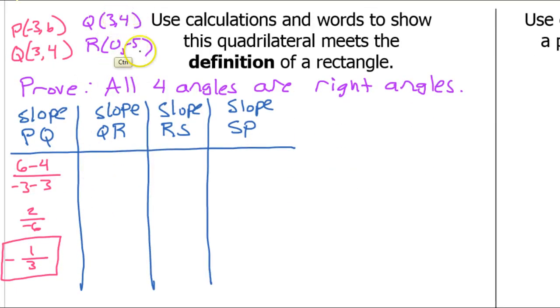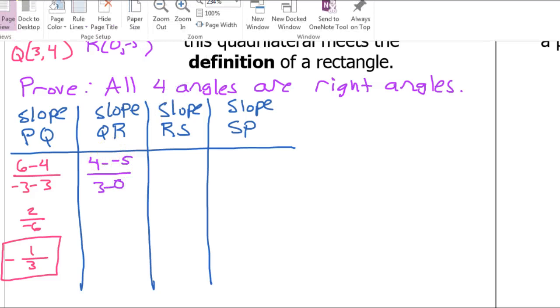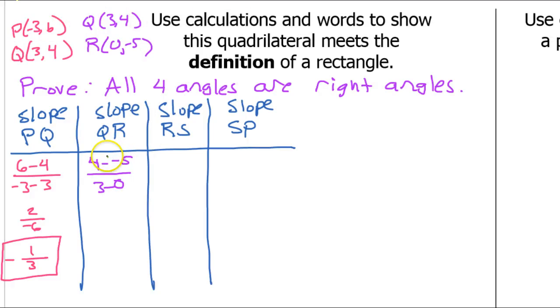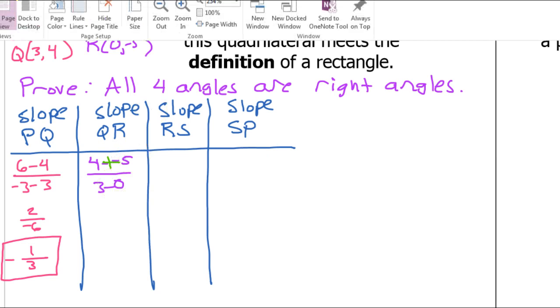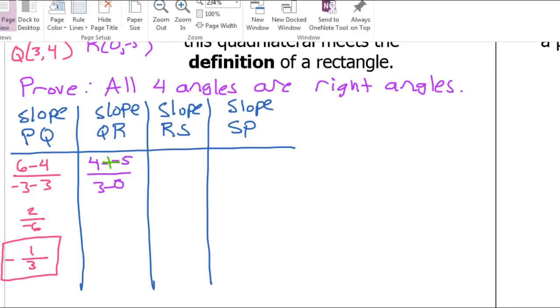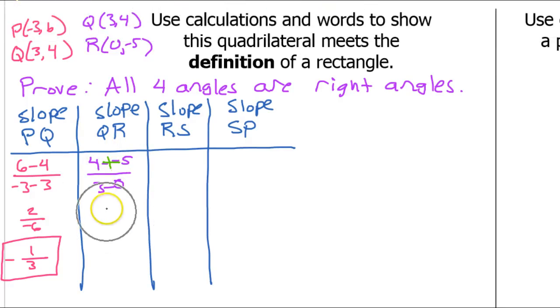So I need to do y minus y over x minus x. So this will be 4 minus -5 over 3 minus 0. Now, minus and negative is addition, so let's turn this into a plus and see what we get. This is going to give us 9 over 3, which reduces down to 3.